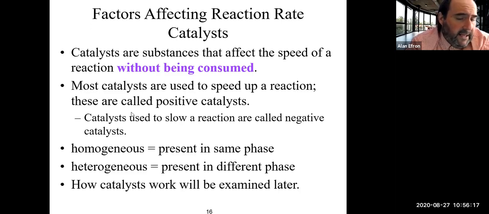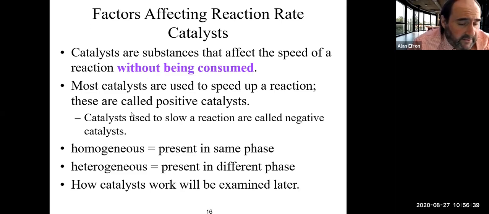The important part about a catalyst is that it's not a reactant. It's not a product. It doesn't even get used up in the reaction. It's just there to facilitate that reaction occurring a lot faster and more efficiently, as it would usually occur a lot slower if it wasn't present.